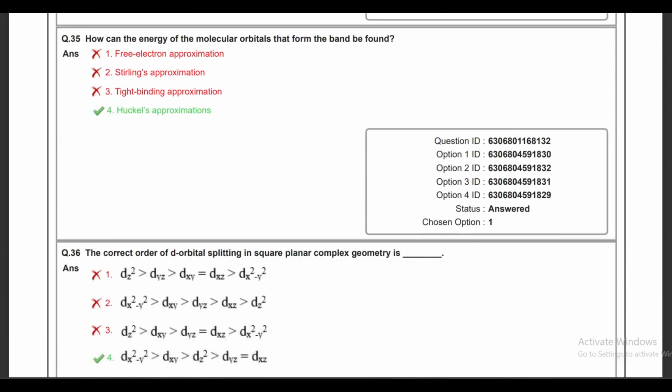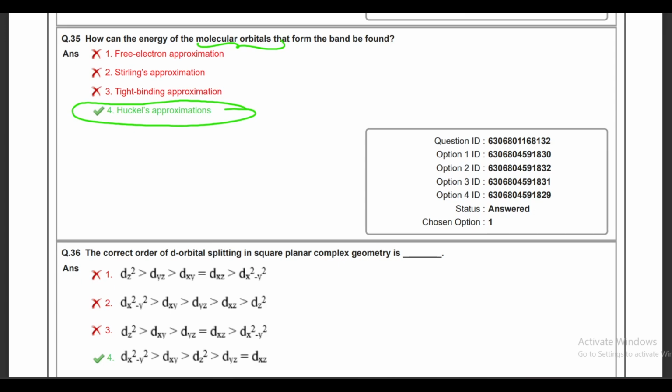In the next question, how can the energy of molecular orbitals that form the bond be found? The correct option is Huckel molecular orbital approximation. In Huckel molecular orbital approximation, we are talking about molecular orbitals.